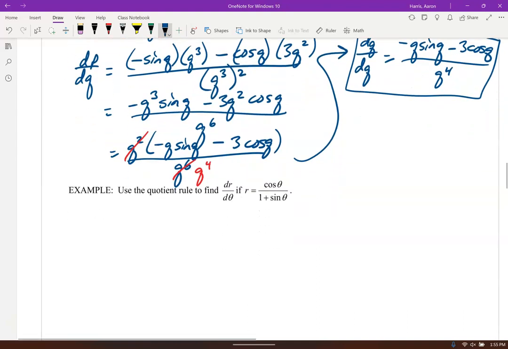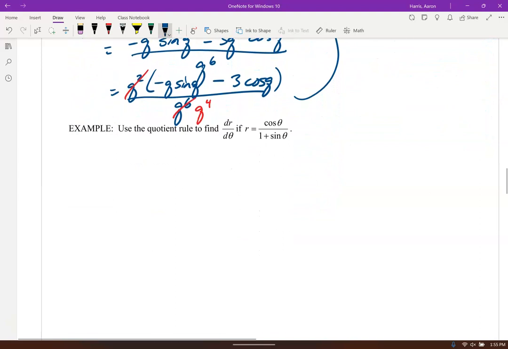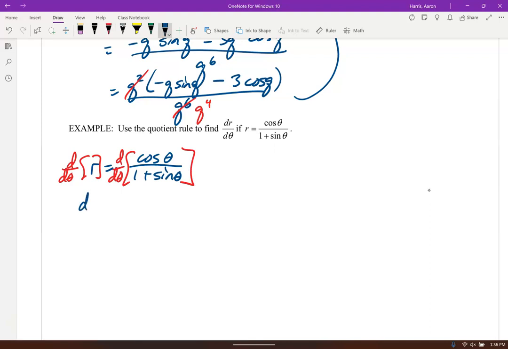Let's do another one with Leibniz's notation. r equals, and another quotient rule involved here. So I'm going to take the derivative with respect to theta. So dr d theta, this is like r prime, right? This is the same as r prime.